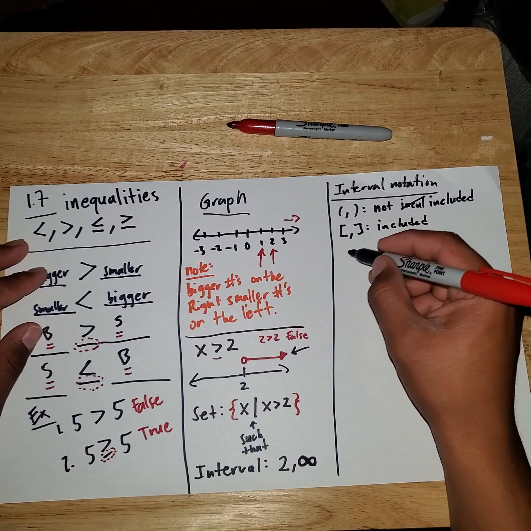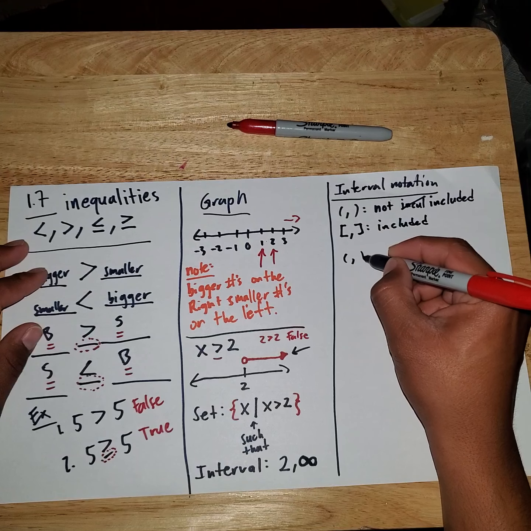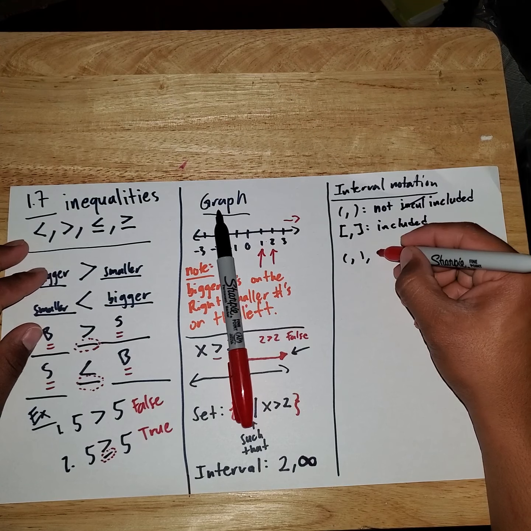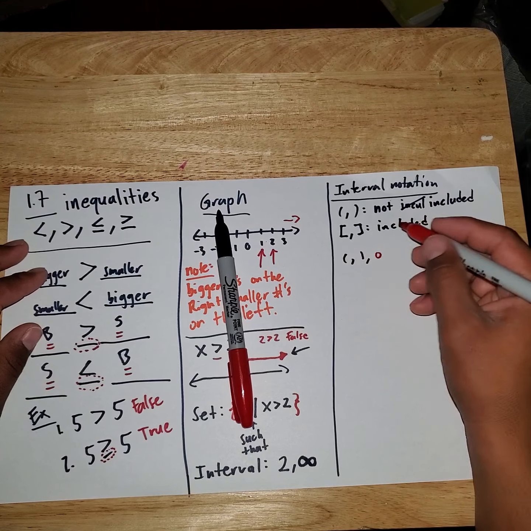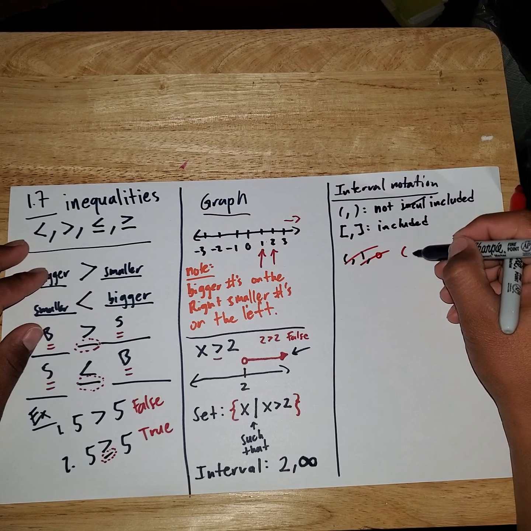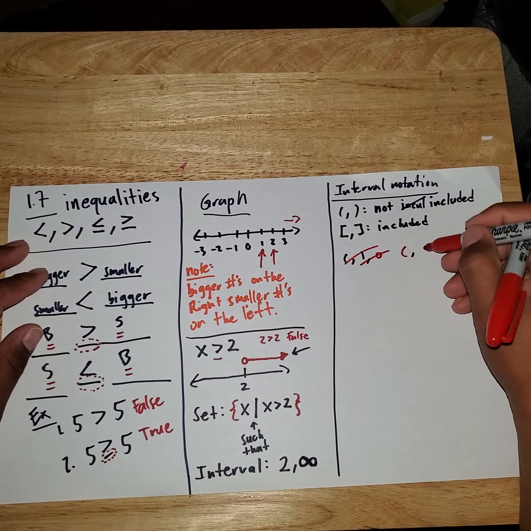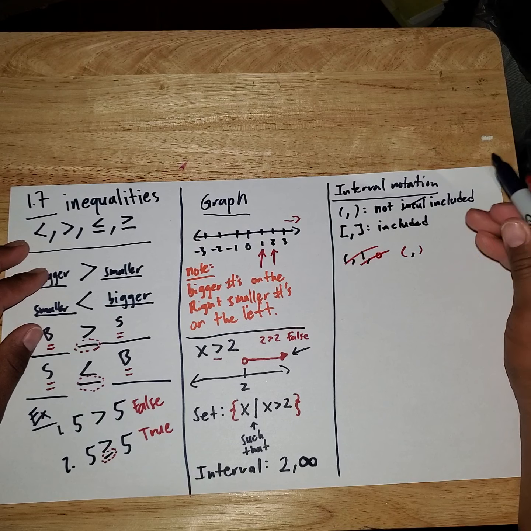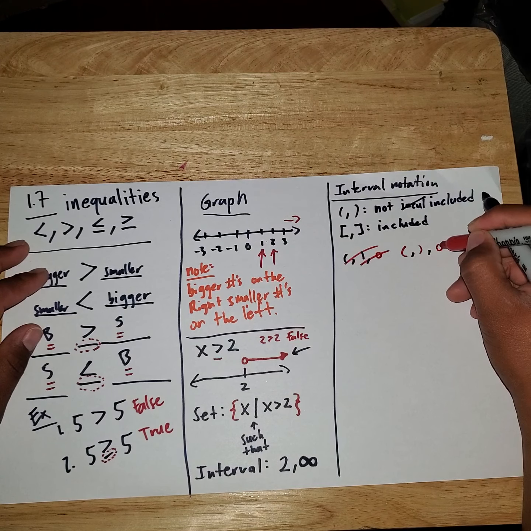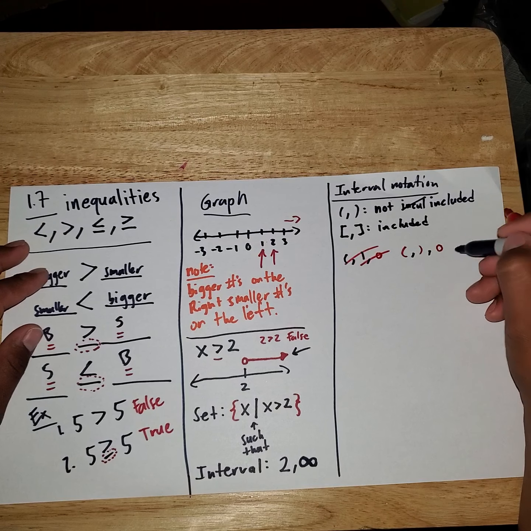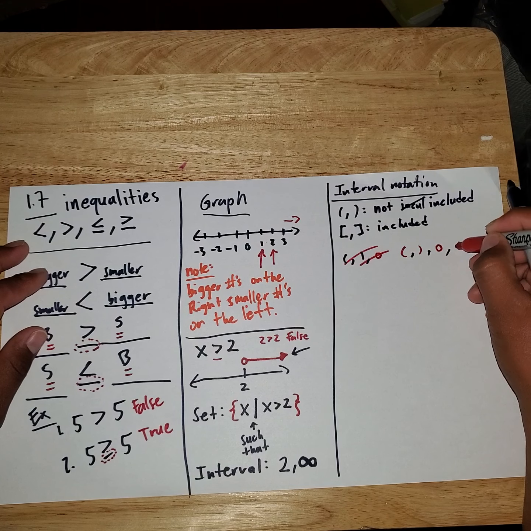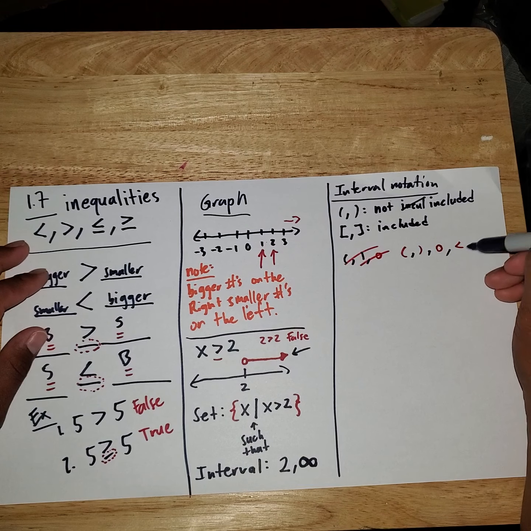And what I mean by that is that whenever you see parentheses, that's going to go hand in hand with an open circle. So let me do that again. Parentheses will always go hand in hand with open circles and go hand in hand with these two symbols.